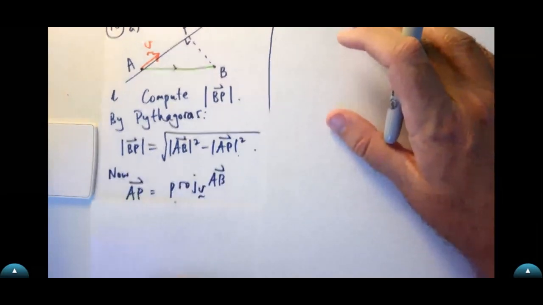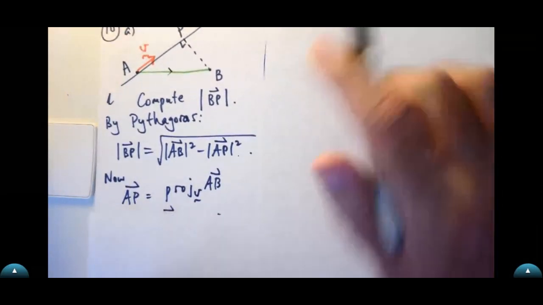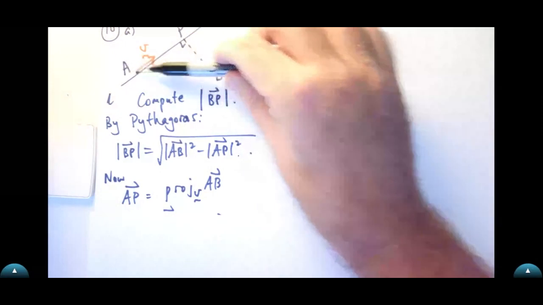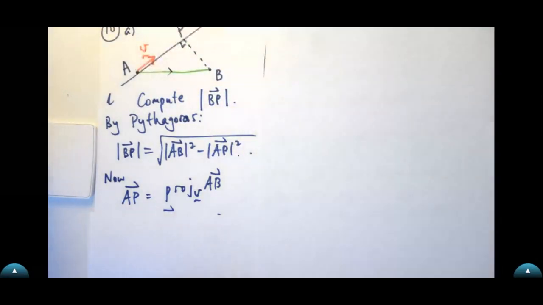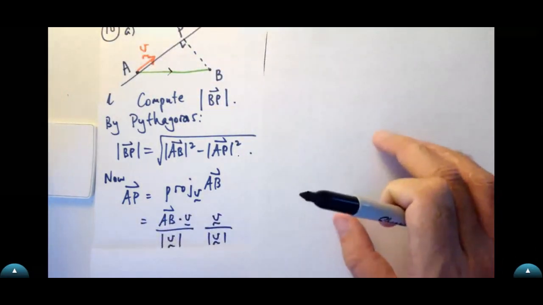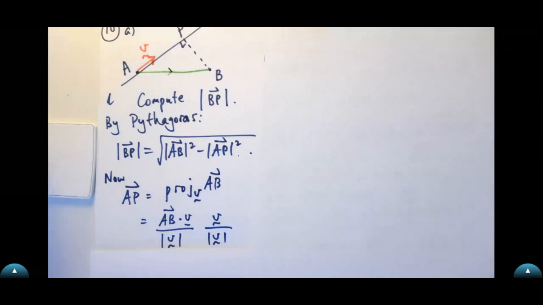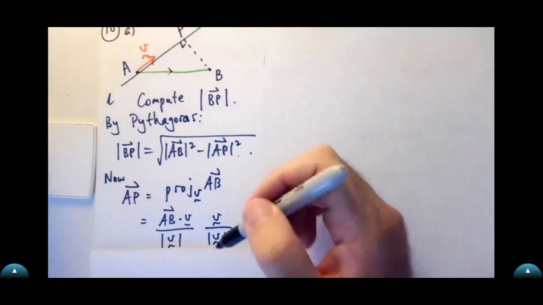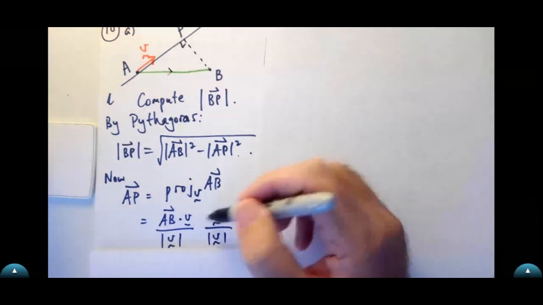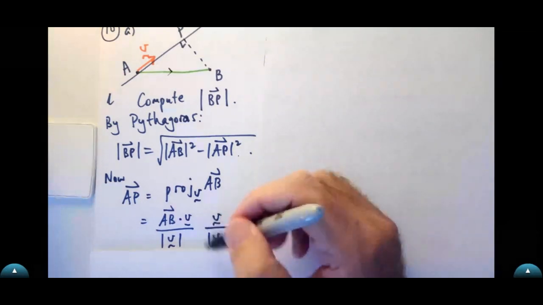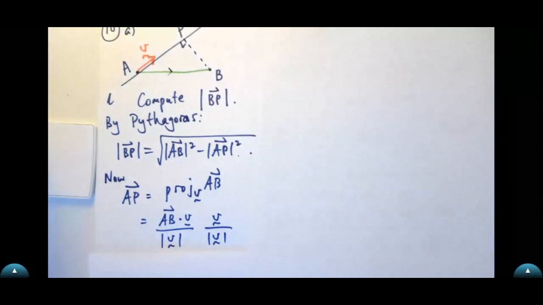Here's some of the notation. This vector is just the projection of AB on V, and I know that involves a dot product and some lengths, and this is just a unit vector in the same direction as this V vector.